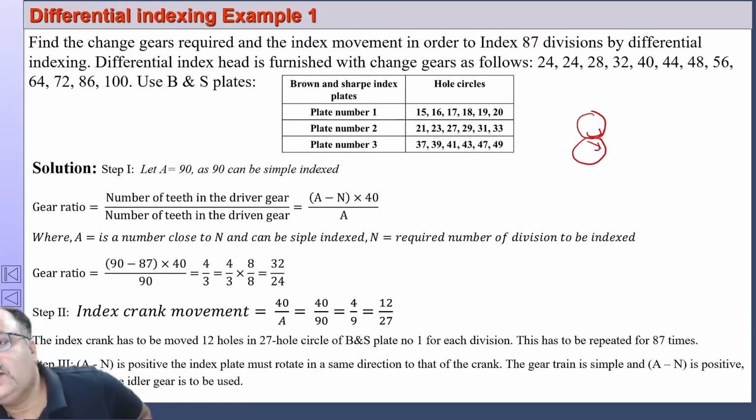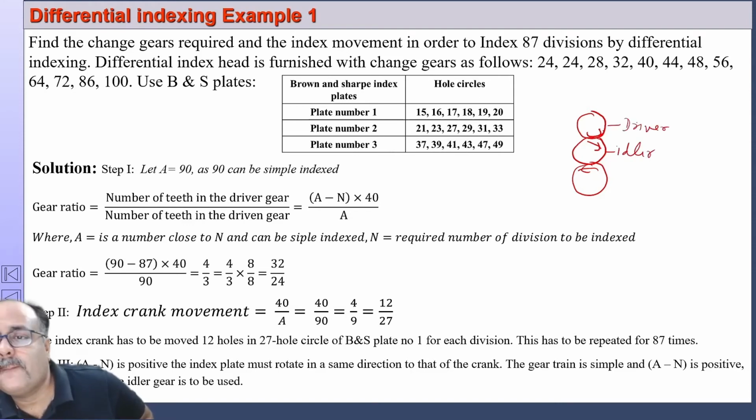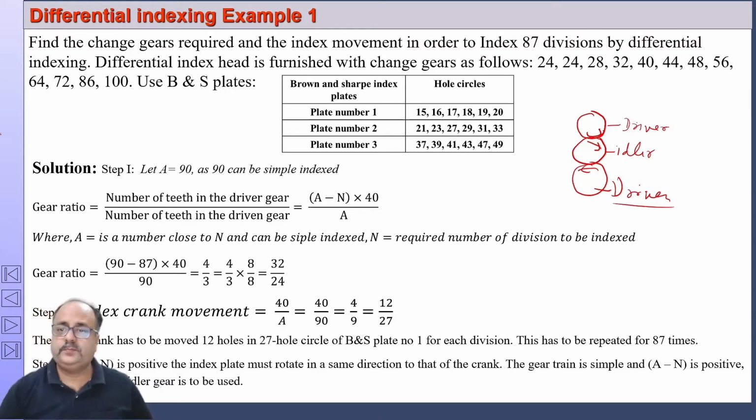One is anti-clockwise, the other will be clockwise, so you don't want that. So this is the idler, this is the driver, and this is driven.